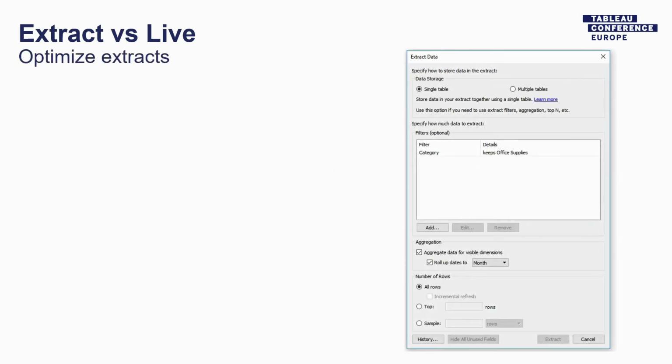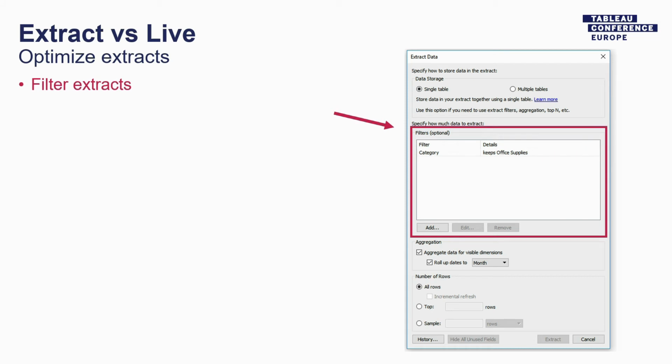So much for general concepts regarding extracts. Let me give you some really simple but powerful things you can tweak to make your extracts go faster. The first one is pretty obvious. You can make your extracts smaller and therefore faster, and you can do that by filtering them down. Filtering them down means it contains only a subset of data from the original data source you're pulling the data from.